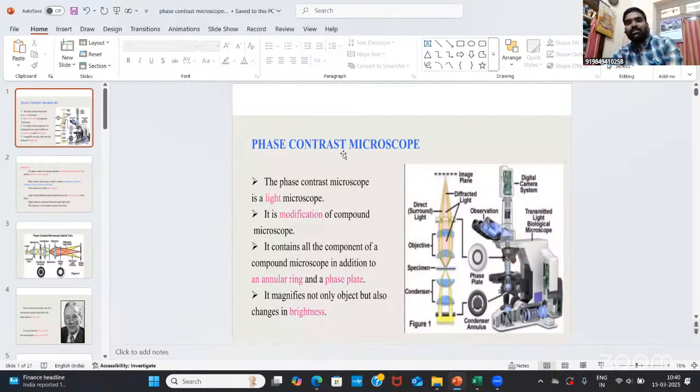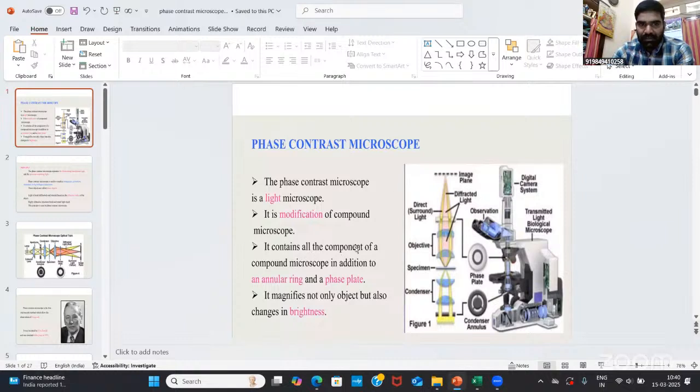Let us see what a phase contrast microscope is. The phase contrast microscope is a light microscope. It is a modification of the compound microscope. The compound microscope is modified and made into a phase contrast microscope.